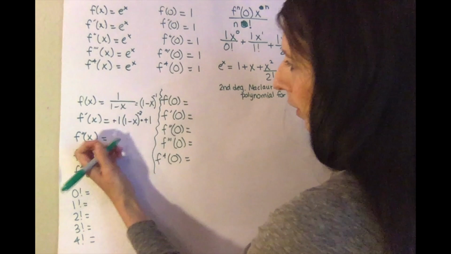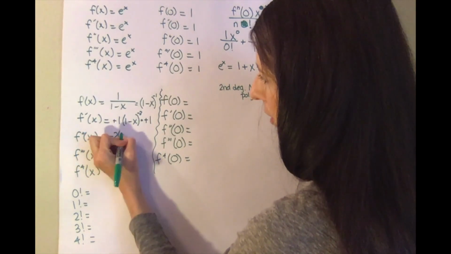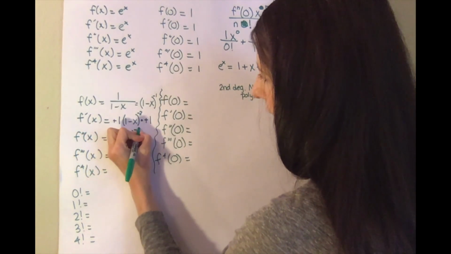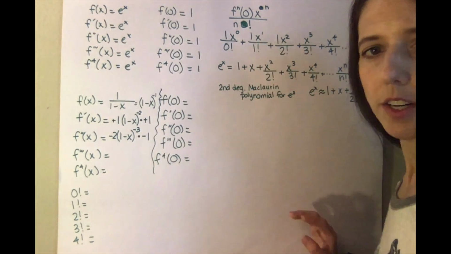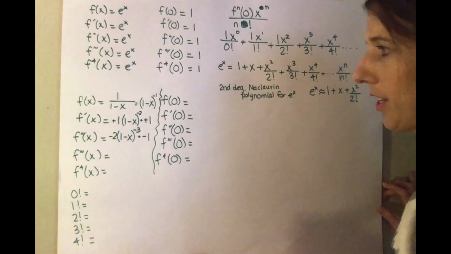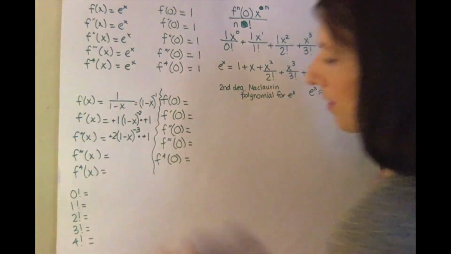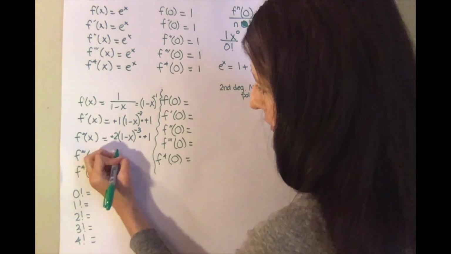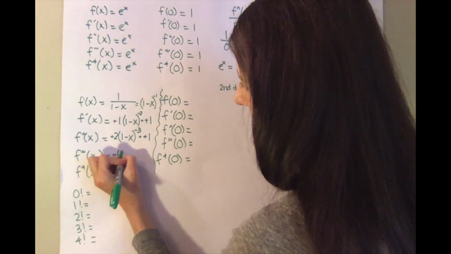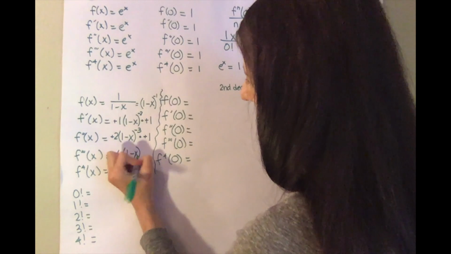Okay, let's do the power rule again. So -2, 1 minus x to the -3 times derivative of the inside is again a -1 because we're doing chain rule. Of course, those negatives give a positive. Okay, taking the derivative again, so we get -6, 1 minus x to the -4.